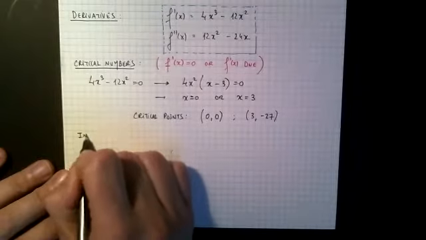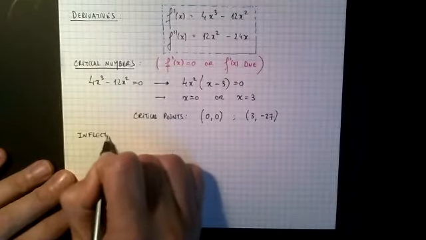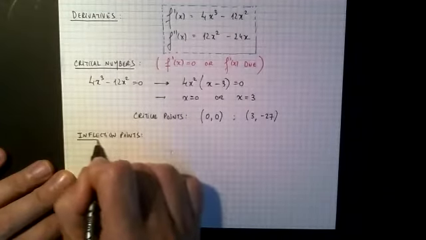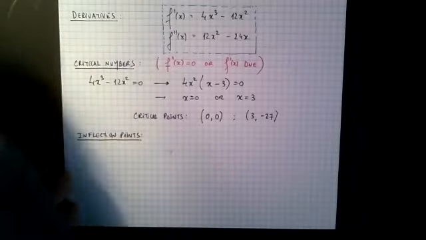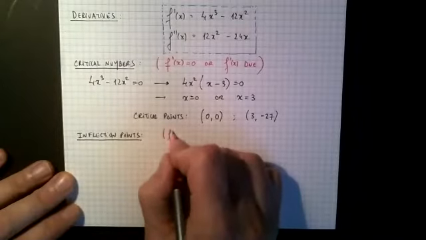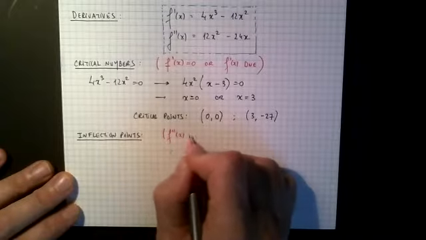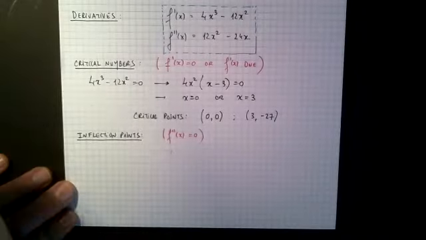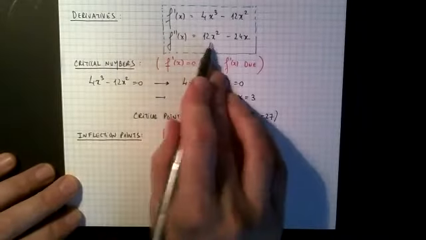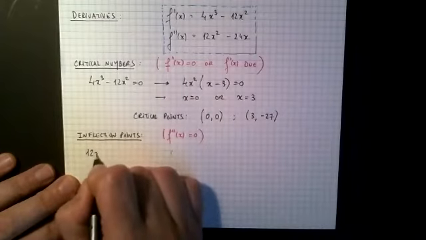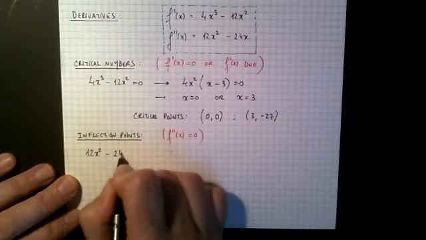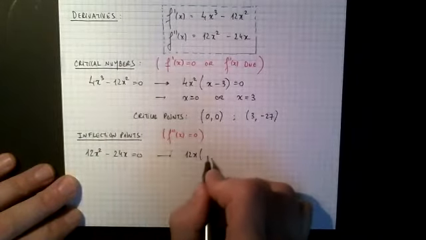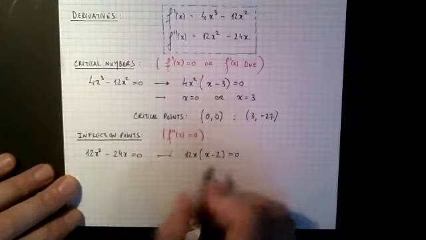Inflection points. So this, I think, is new. Inflection points are the places where the second derivative is 0. F prime prime of x is equal to 0. So let's go. F prime prime is right here: 12x squared minus 24x is equal to 0. This means that 12x times (x minus 2) is equal to 0.